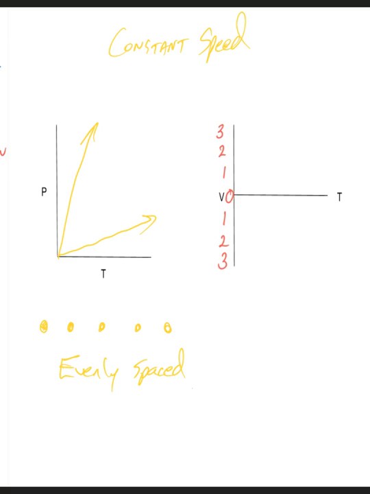Another example of that down here. That is still going 2 meters per second throughout a duration of time. The only difference between that line and the line I drew earlier was this is the negative direction versus this is the positive direction because it is in the top quadrant compared to the bottom quadrant.